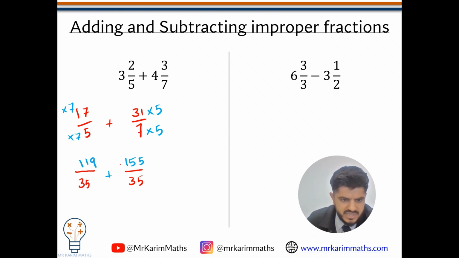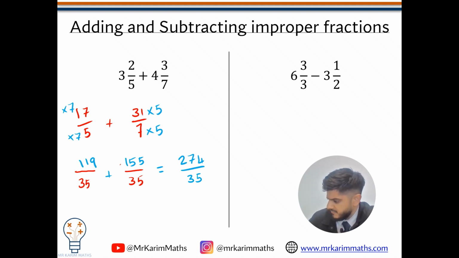And then we add them. So 119 plus 155 gives us 274 out of 35. Now, we need to convert this back into a mixed number. So again, if you haven't seen the YouTube short on how to convert between these two, go ahead and watch that, and then you'll know exactly how to convert this.